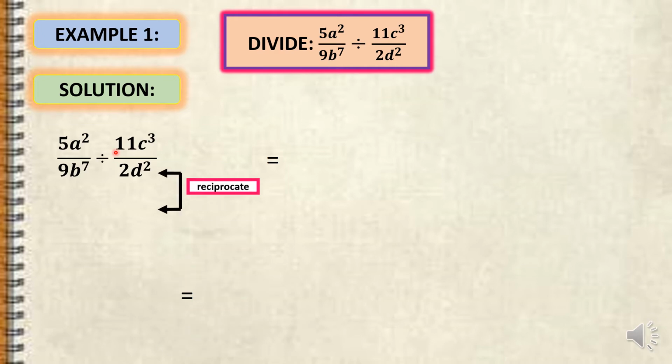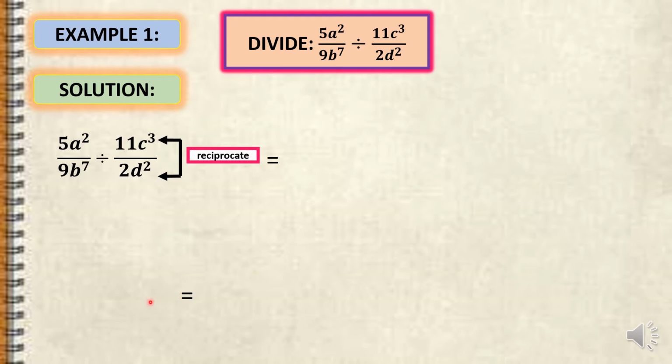That is to get the reciprocal of this part. So babaliktarin natin ito, yung 11c cubed, nilagay natin siya sa denominator, yung 2d raised to 2 naman dito sa ating numerator. Reciprocal means babaliktarin natin.